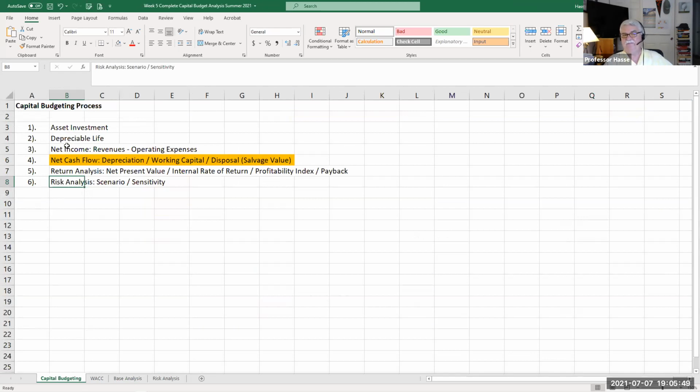What type of estimates are we using for revenue and expenses? What's going to be our net yearly cash flow? And determining the weighted average cost of capital, what is our NPV? What is our rate of return? What is our return analysis of that project or that investment? And then we'll do the risk analysis next week.